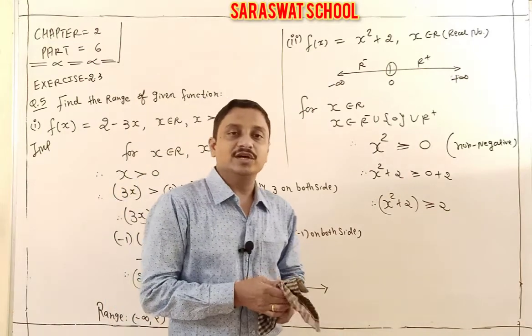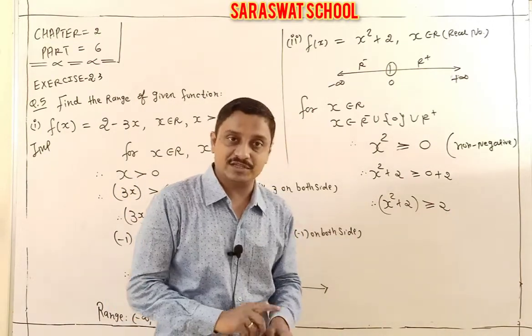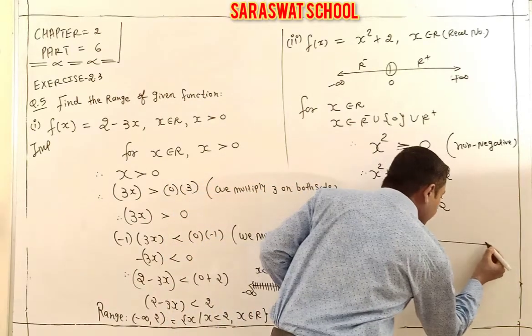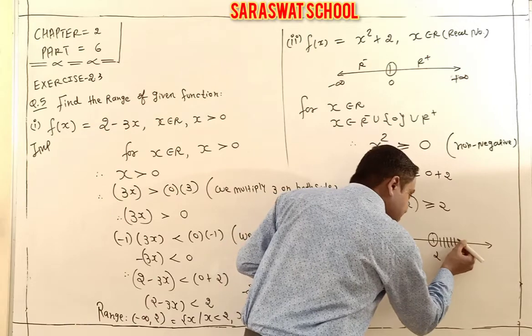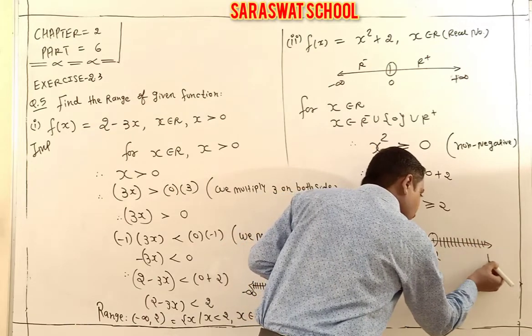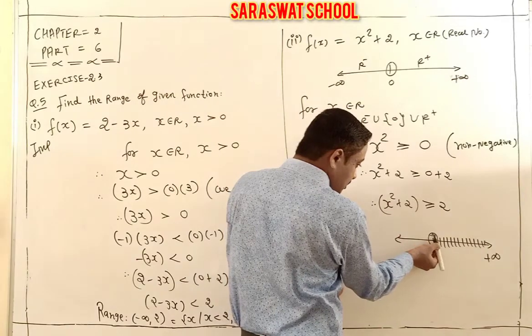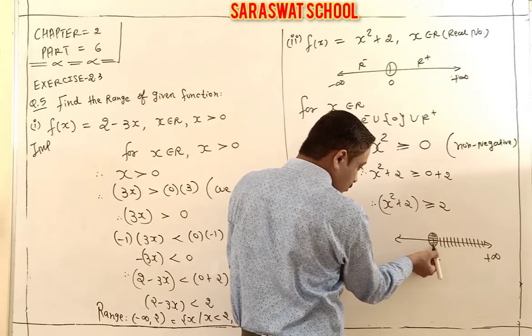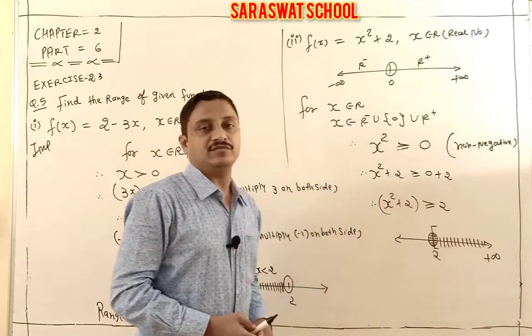So students, your numerical is done, because your question x square plus 2 is greater than or equal to 2, finished. I will show the drawing. Here you have 2. More than means moving to the right side, to plus infinity, and or equal to means this point is included. You go right side moving to plus infinity.